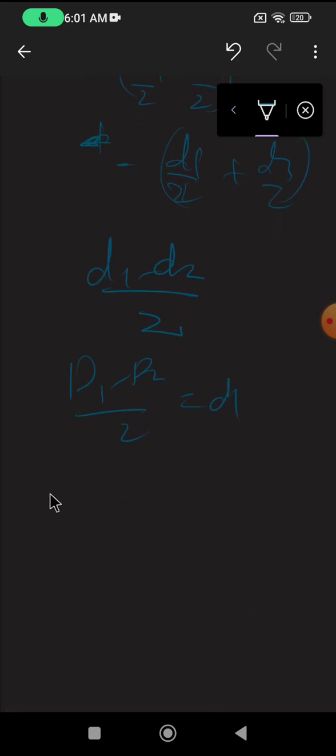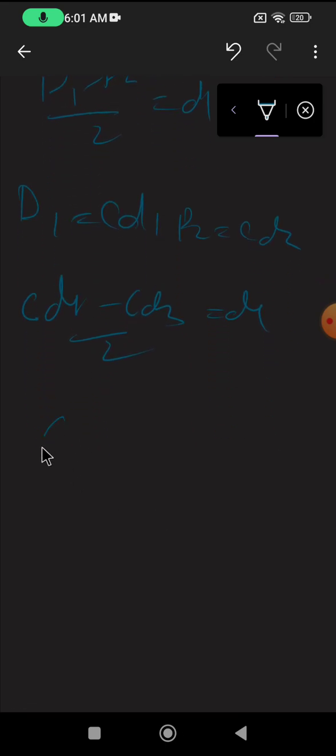From the equation, we have D1 is equal to C d1 and D2 is equal to C d2. If we substitute these values here in D1 and D2, we will have C d1 minus C d2 upon 2 is equal to d1.